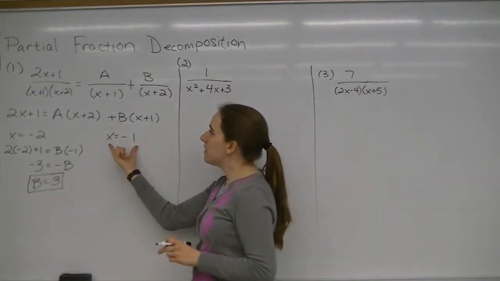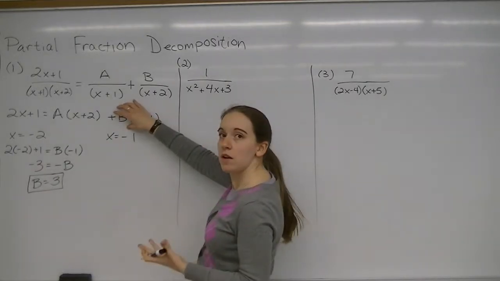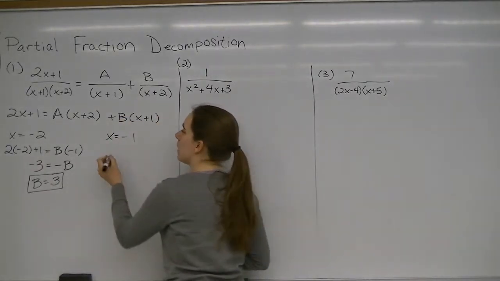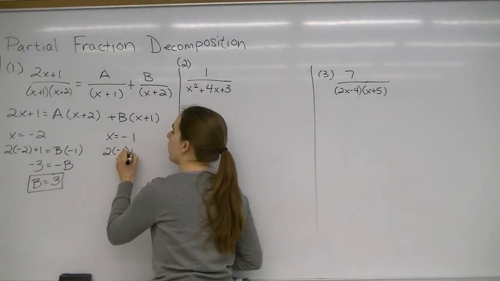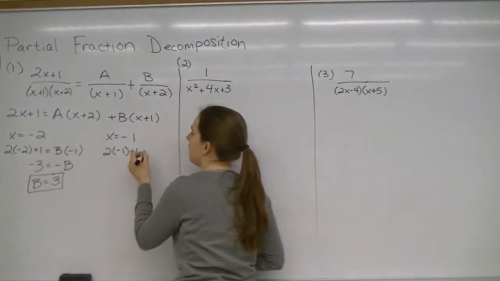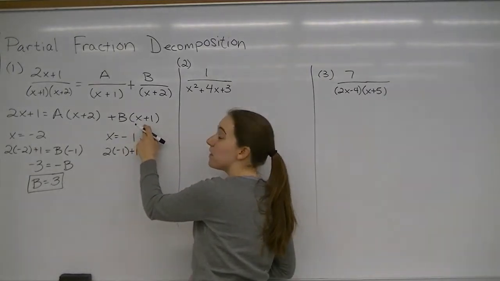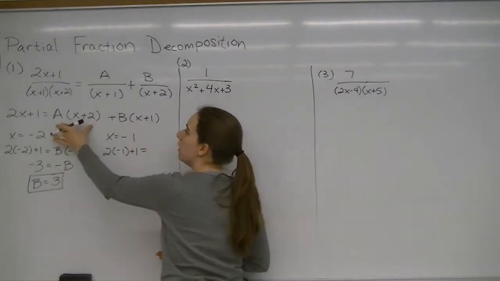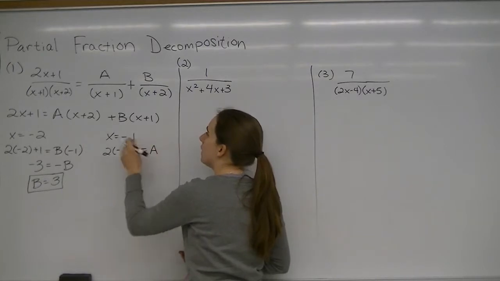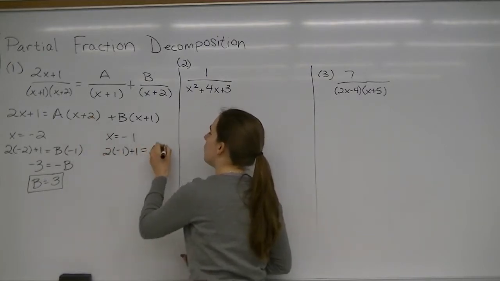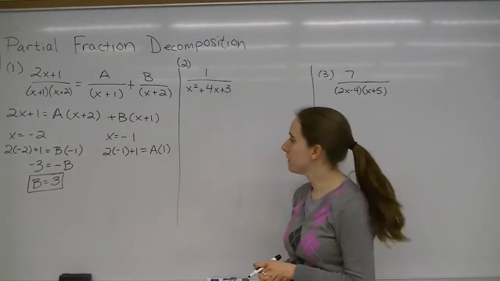We chose this value specifically to make this term disappear, so let's actually use it. We have 2 times -1 plus 1 from my left side. This term will disappear because we chose -1 to make this term specifically 0. So I have A times -1 plus 2, or 1.